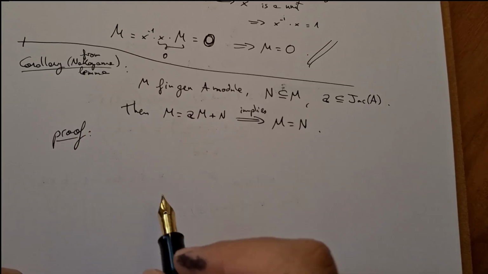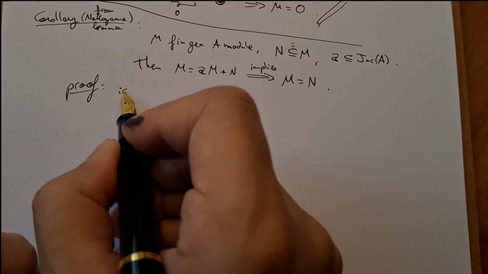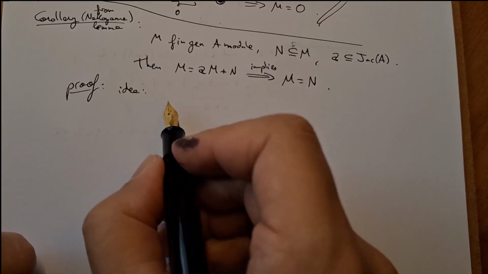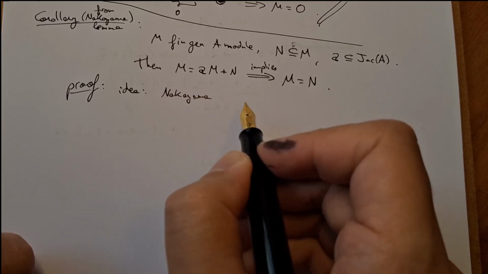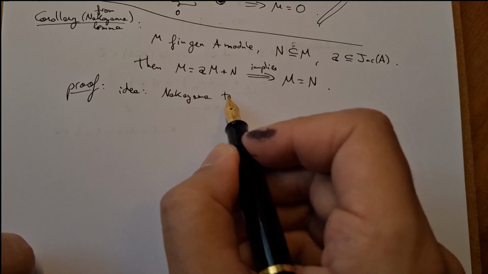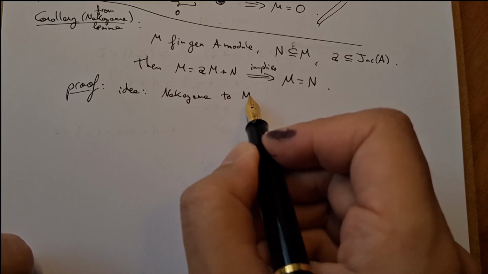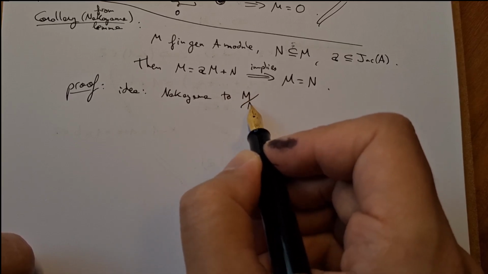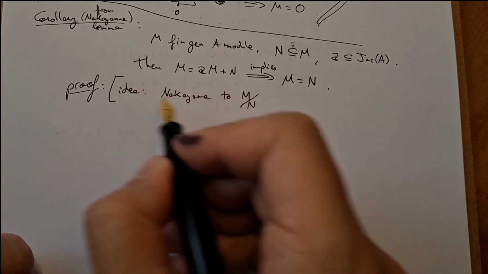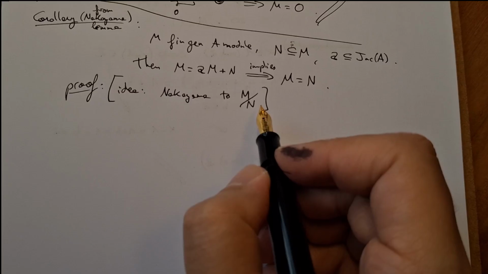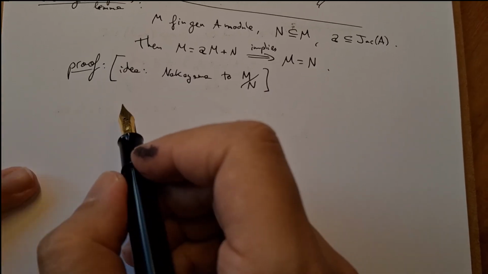So let's prove this. The idea is to apply Nakayama's lemma to the quotient of modules M sub N. This is the idea. So let's start.